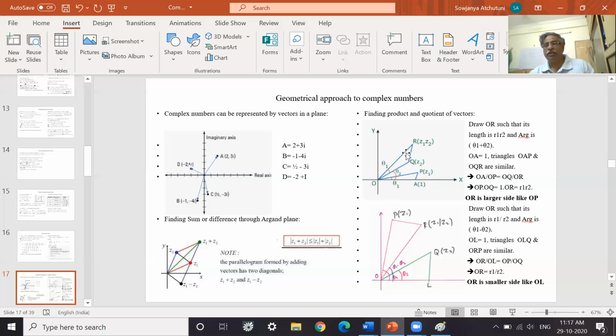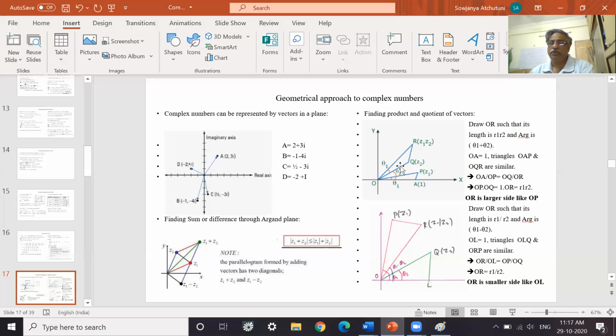So you draw OQR similar to this triangle. Because ultimately my resultant R1 R2 is increasing. OR is larger than OP or OQ. So I have to get a larger side here. In triangle OAP, the larger side is OP. So my larger side should be similar to OP, and my smaller side should be similar to OA.